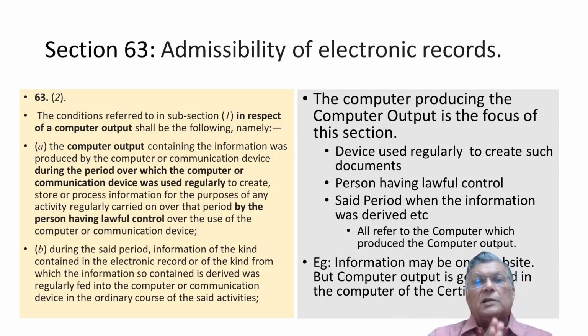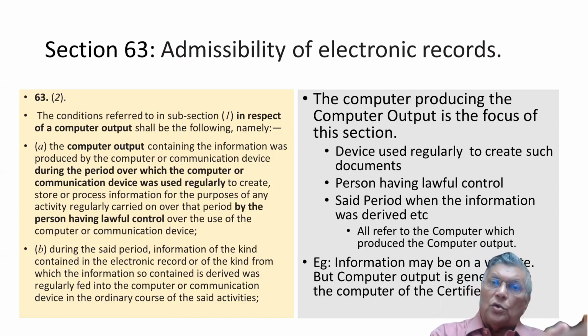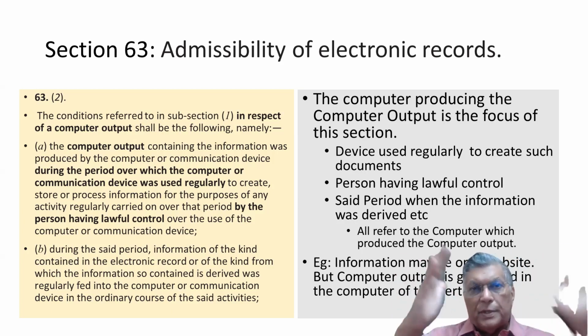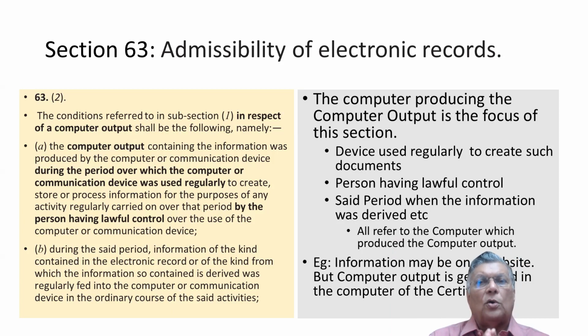So this secondary document is a copy of the so-called primary document. Now, let us say the primary document is the Facebook page. You cannot bring the Facebook owner for certifying that his Facebook computer was working properly during some period, etc. So that is a primary document which is lying there.